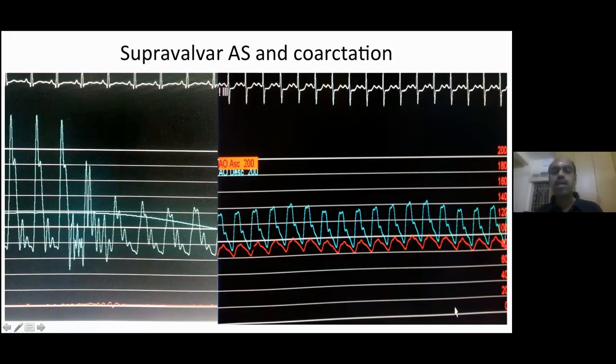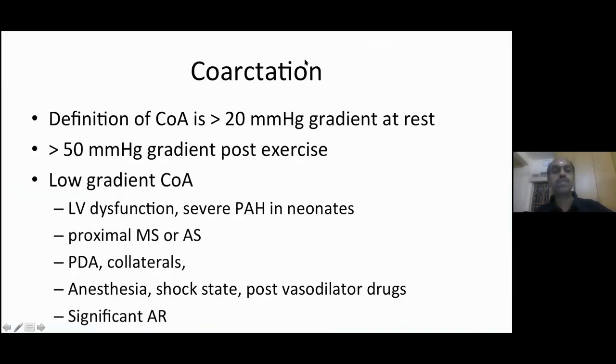But in coarctation, the baroreceptors are reset. The region of baroreceptors in the aortic arch and in the carotid body are already facing higher pressures, and so the body resets the baroreceptor. The baroreceptor is reset so that the aortic pressure is set at a higher level, and so there is diastolic hypertension.